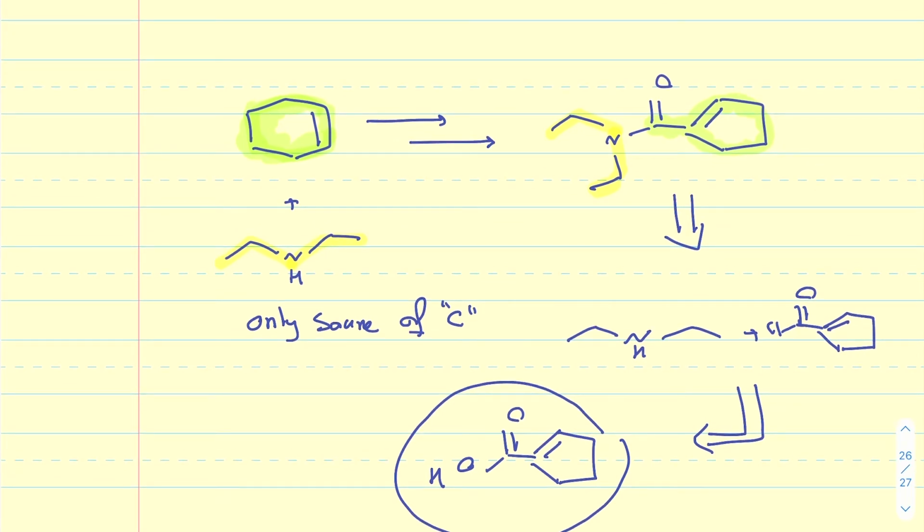Given the fact that I'm going from a 6-member ring to a 5-member ring, I'm thinking that I probably have to break open the ring and close a new ring. And since I have an alkene to begin with, and I have this pattern in the product, meaning one carbonyl and an alpha beta unsaturated double bond adjacent to it, I know that could be the product of an aldol condensation.